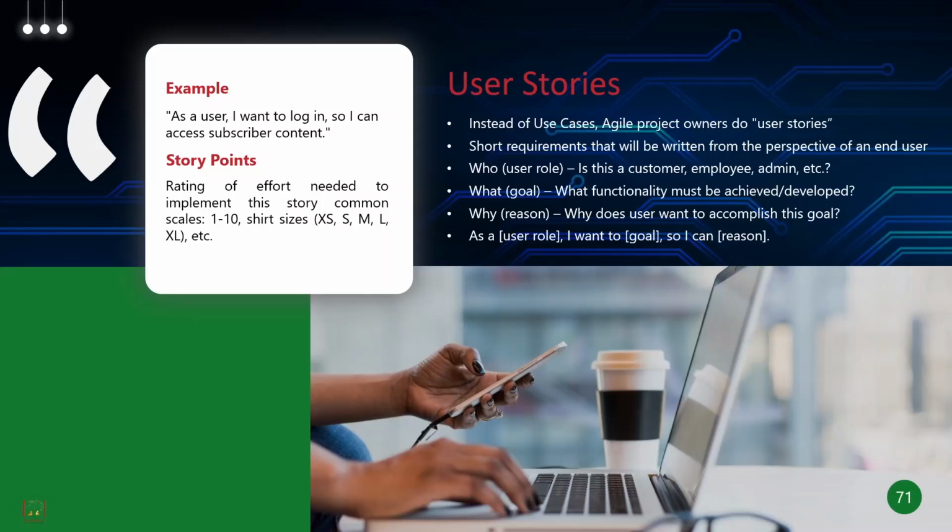So write a user story in this format. As a user, my role, I want to do certain XYZ so I can achieve ABC. Give a reason as to why you want to do this thing. So like, as a user, I want to log in so I can access subscriber content. It has a user, it has a goal, it has a reason.